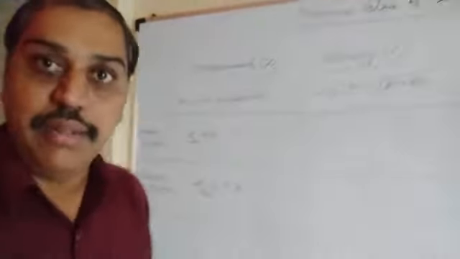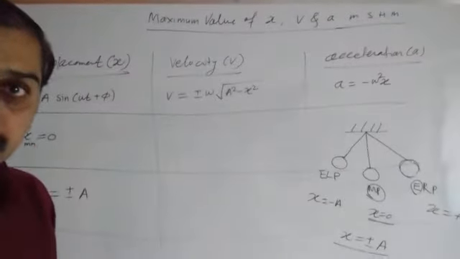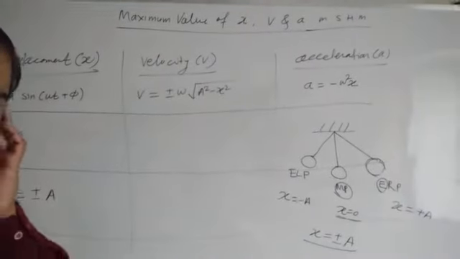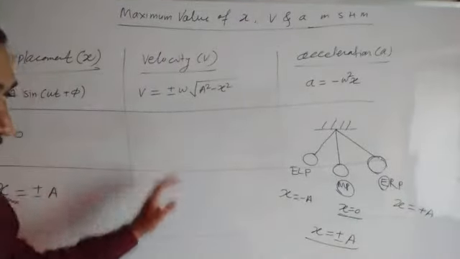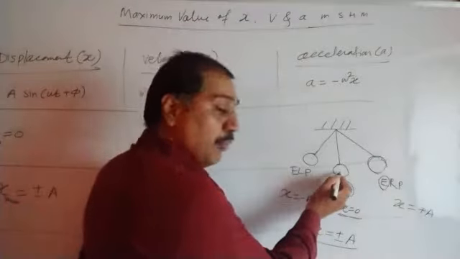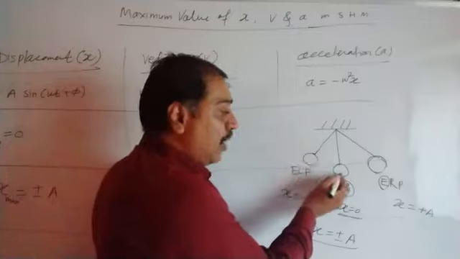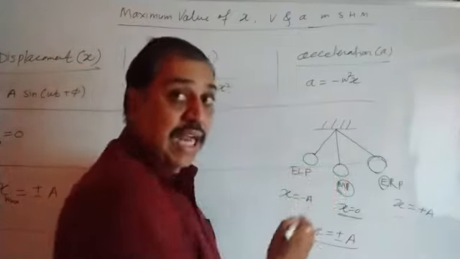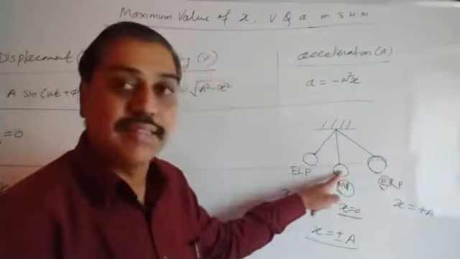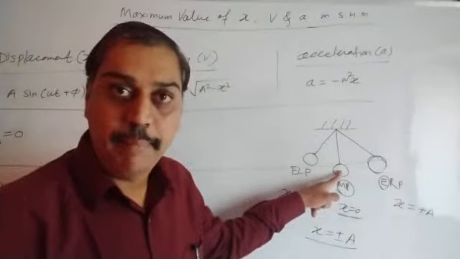Now let's start with the velocity in the same way. If we see these two parts, the diagram and this velocity column, as motion starts from mean position, we leave the bob here and start counting time here, then we say it is motion starting from mean position.